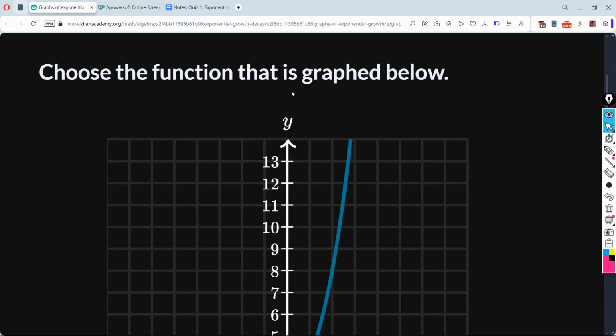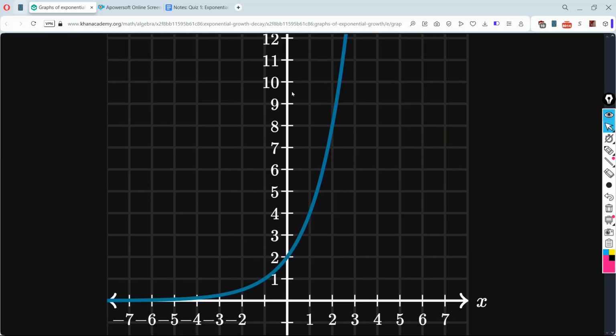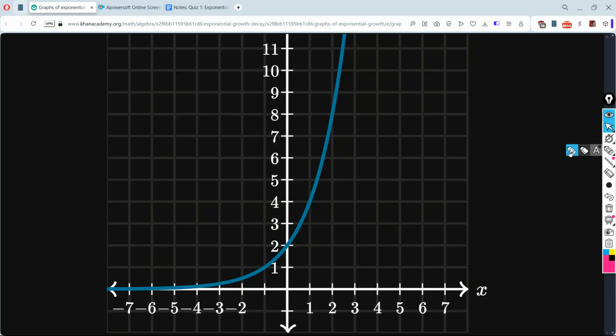Once again, choose the function graphed below. So pretty simple, same as before. We are doing y equals a times b to the x. a is your y-intercept. Here's the y-axis, and right there the y-intercept is at 2.